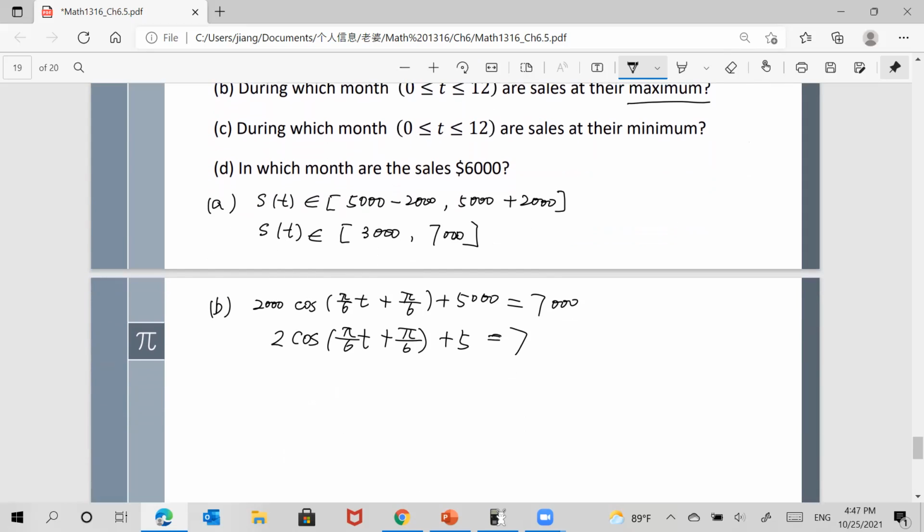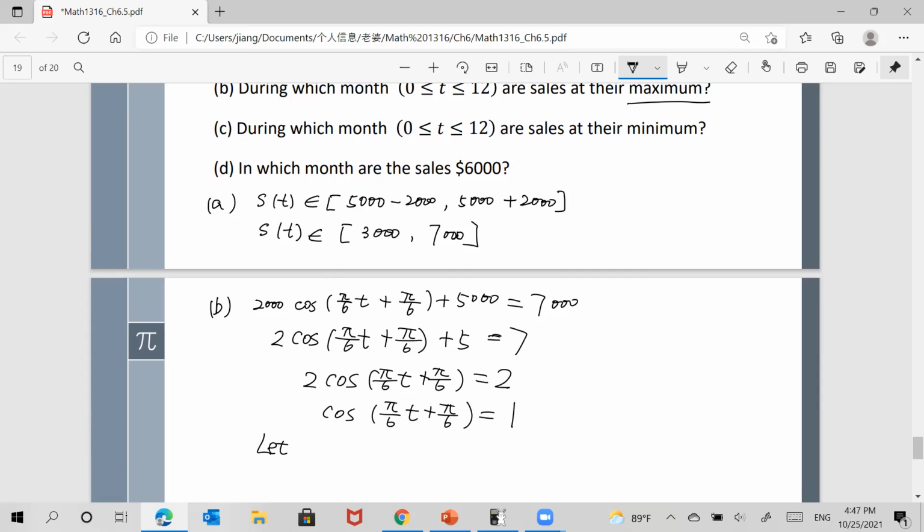Since it's getting easier, isolate this term. So minus 5 both sides: 2 times cosine of pi over 6 t plus pi over 6 equals 7 minus 5, which is 2. Okay, divide by 2 both sides: cosine of pi over 6 t plus pi over 6 equals 1.